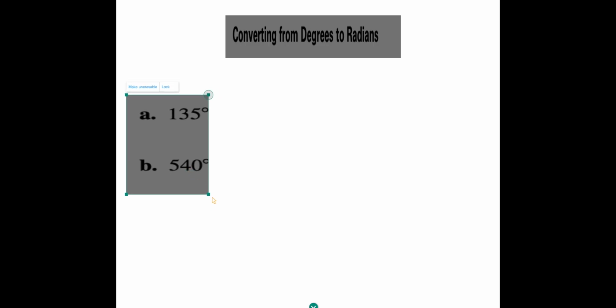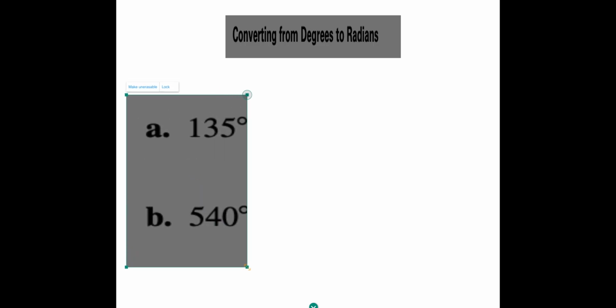Converting from degrees to radians. First one, 135 degrees to radians. As we know, from degrees to radians, we multiply by pi radians over 180. That is the simple formula.